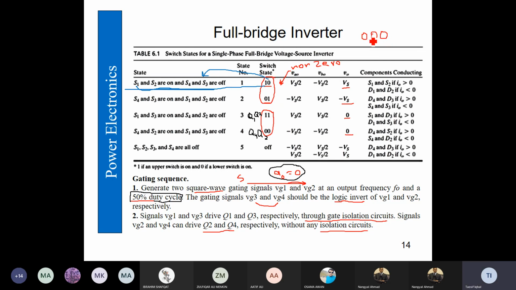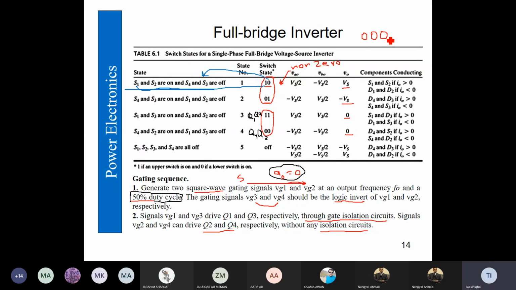So each digit indicates whether the upper switch is on or lower switch is on. Okay? So one digit could be 0 or 1. 1 होगा तो upper switch on है, 0 होगा तो lower switch on होगा. ठीक है? So therefore in 3-phase we are going to have 3-digit switching states, and total possible is 8 switching states.